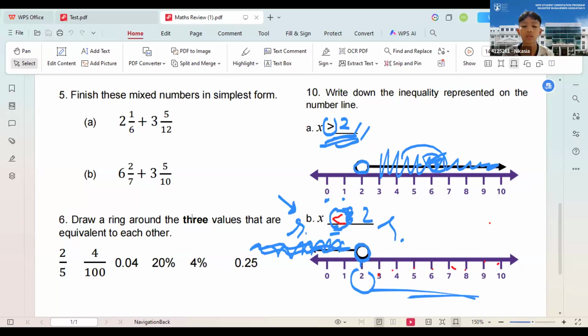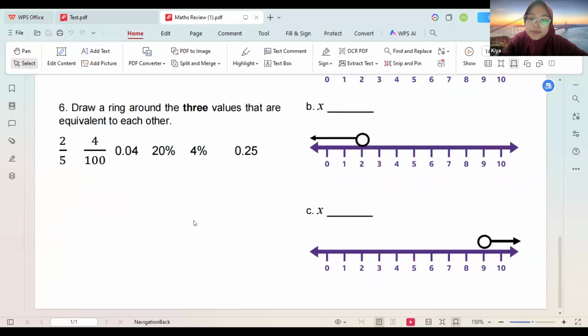Okay, and then how about the number C? 9. What is the inequality sign? Equal 9? Are you sure? Inequality is inequality, so you will never find equal there. You can just use this or this, because that is inequality.